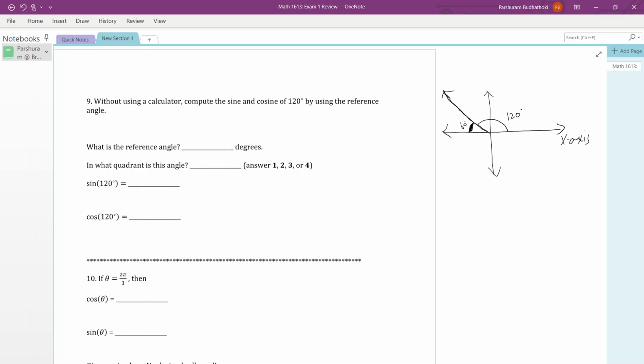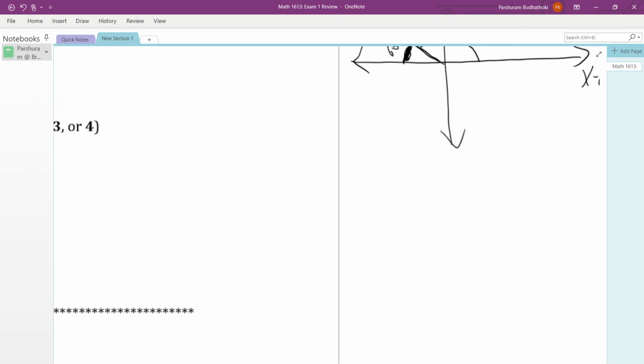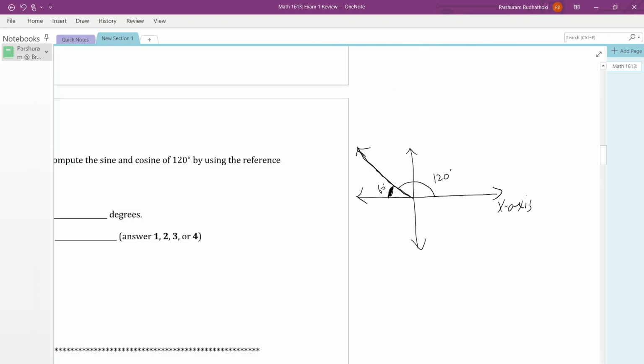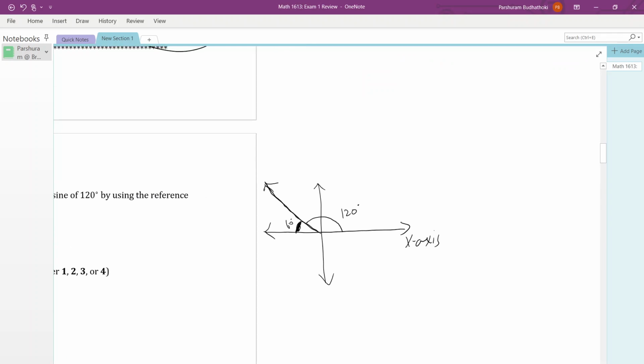And for that, first of all, you have to understand where the sine function is positive and where the sine function is negative. You can always remember that by looking at the graph of the sine function. So let me give you the graph of the sine function.